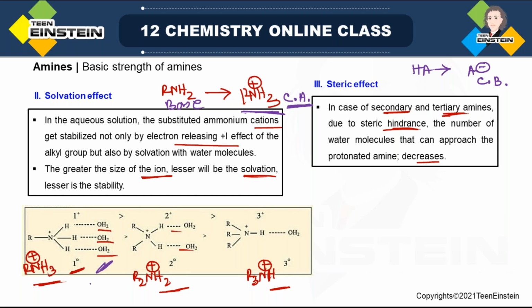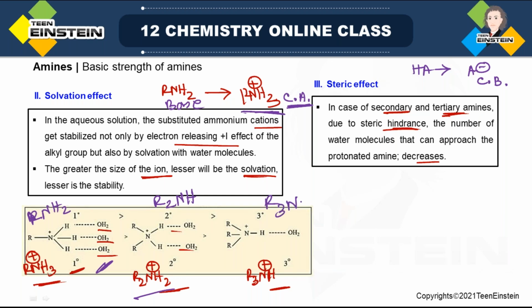Now in this conjugate acid, maximum solvation, maximum stability, so the corresponding base, which is nothing but RNH2, should be maximum basic. After that, R2NH2 plus, what is the corresponding base? That is the actual base before protonation, R2NH. So this should be lesser basicity than RNH2, and then R3N.